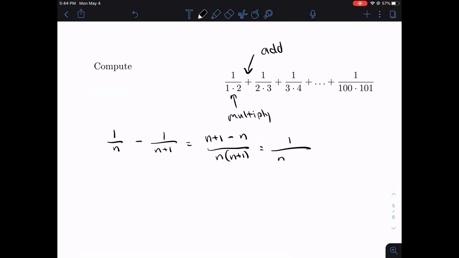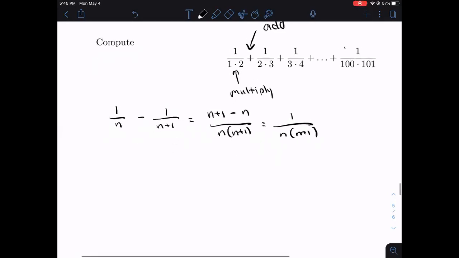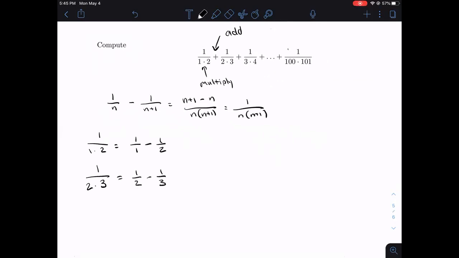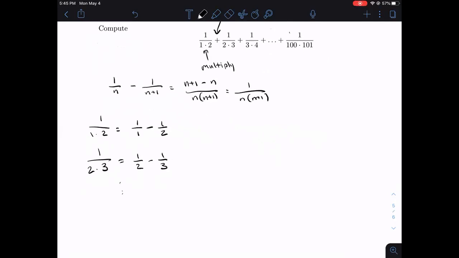And we notice this is 1 over n times n plus 1, which is the form that all of these fractions take. So we can rewrite this now. The first fraction, 1 over 1 times 2, is 1 over 1 minus 1 over 2. And 1 over 2 times 3 is 1 over 2 minus 1 over 3. Similarly, we can just go on.